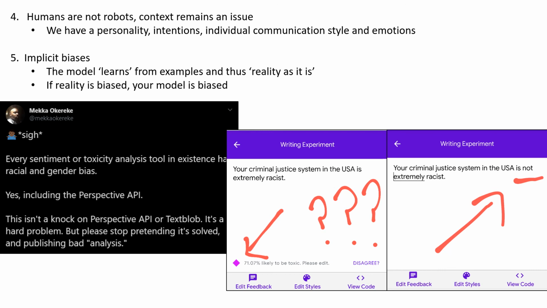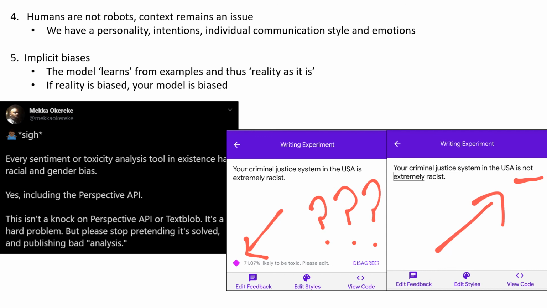Let's take the first sentence as an example. So, your criminal justice system in the USA is extremely racist. If you feed that to the algorithm, it will tell you, based on its predictions, that it's 71% likely to be toxic.